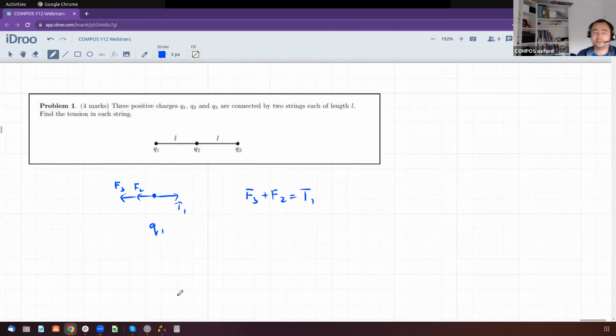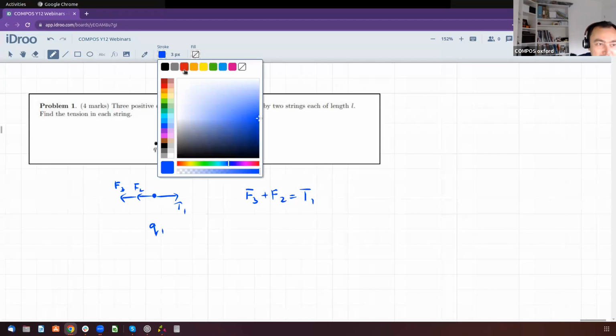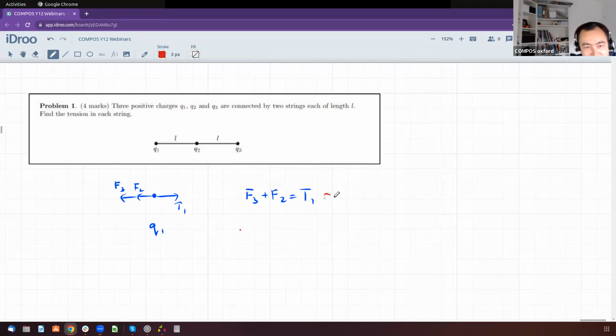But this is not what I wanted to discuss with you. The question I want to ask you is, why can we do it? Why can we write that they are balanced? How do we know that all these forces balance each other out and the system is stationary?